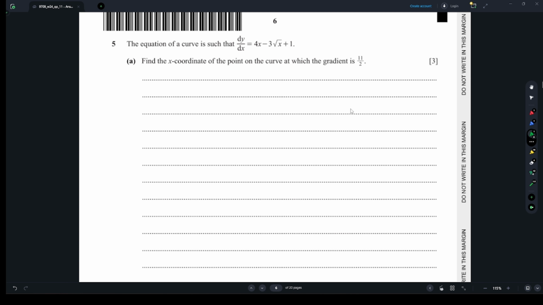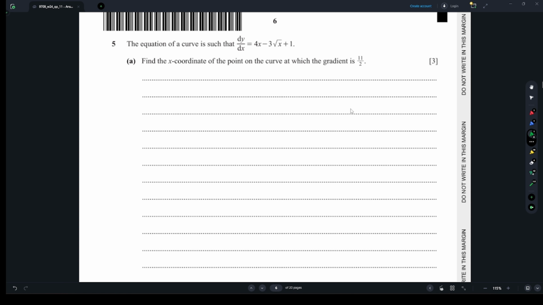From that you can have an idea of what you should do here. In this question, the equation of a curve is such that dy over dx equals this expression. Find the coordinates of the point on the curve at which the gradient is this.